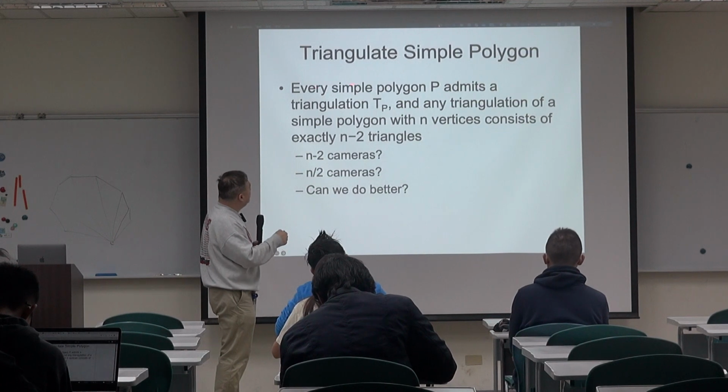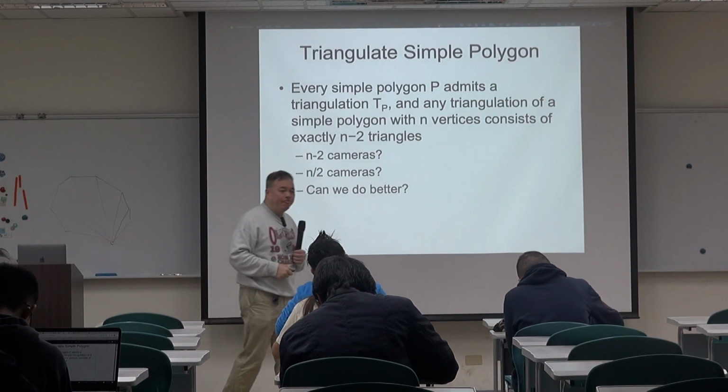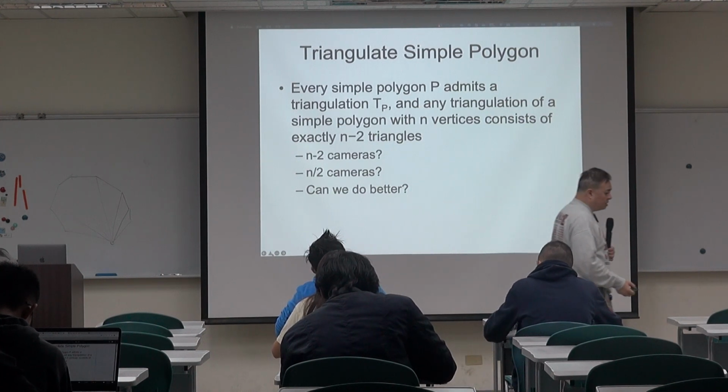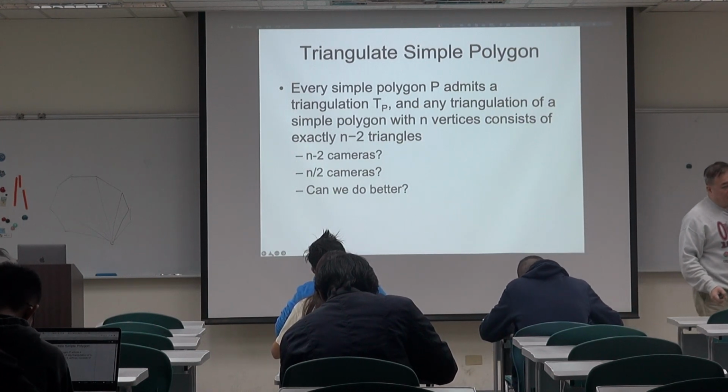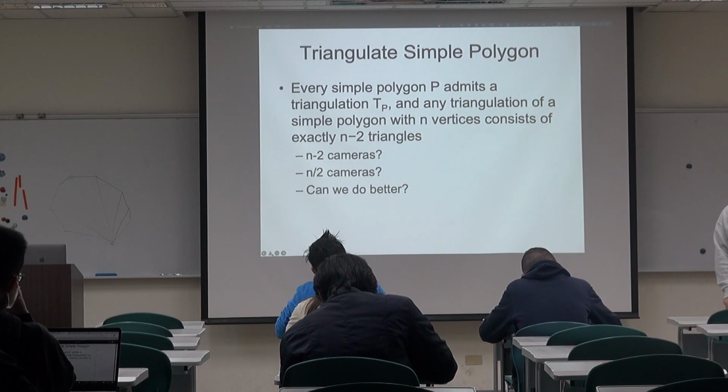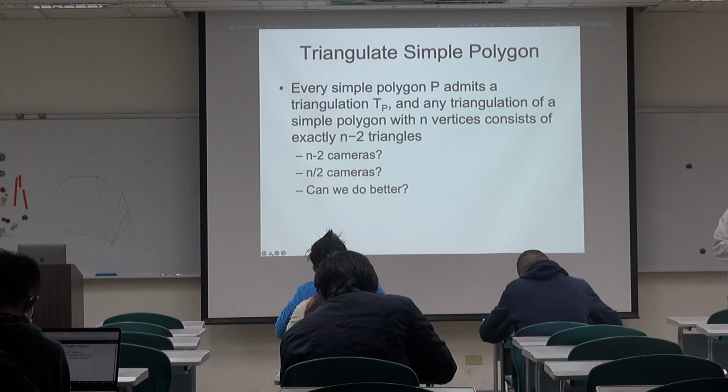Okay, so for convex polygons, this is a very simple observation, and this statement obviously is true. But how about a simple polygon? Because a simple polygon, as I mentioned earlier, is not necessarily convex. It could be, as I said, like zigzag, right?